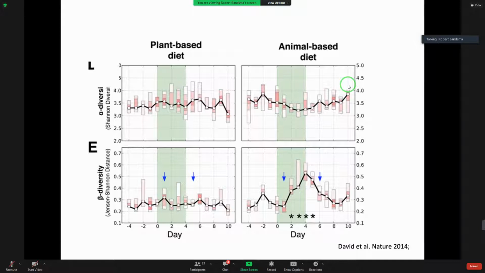So this really was one of the first studies demonstrating, and that's why it was published in Nature, that the microbiome can change very rapidly upon changes in your diet.